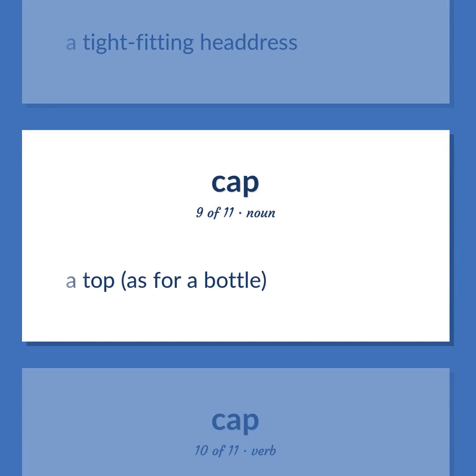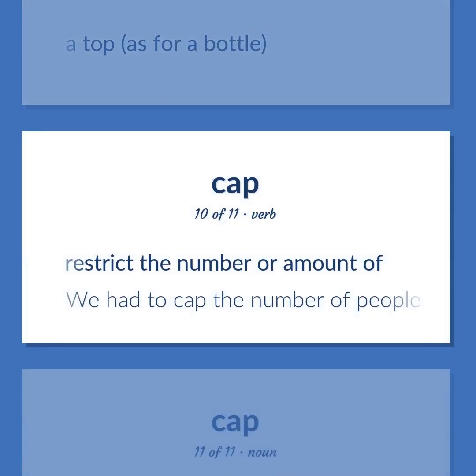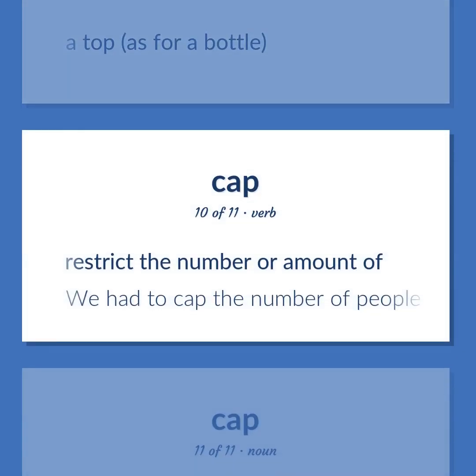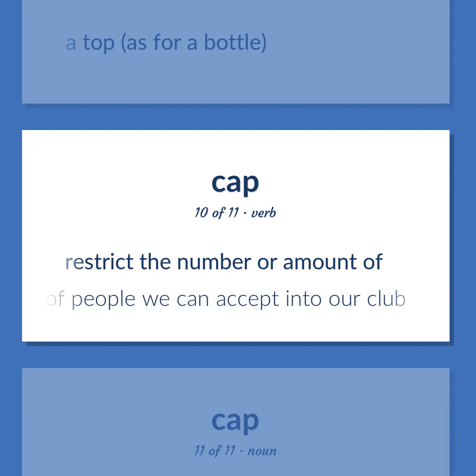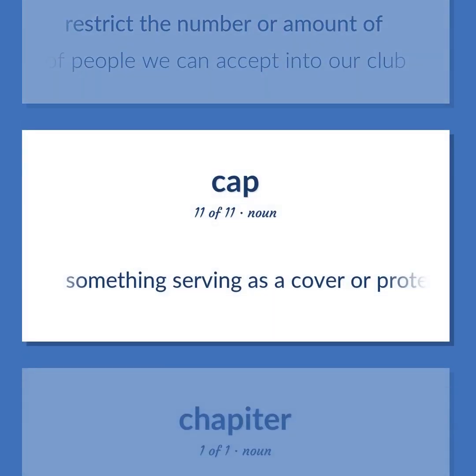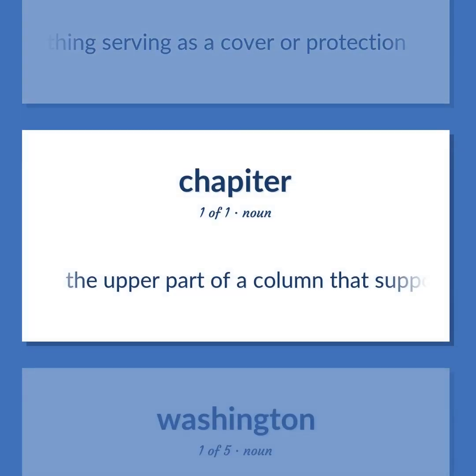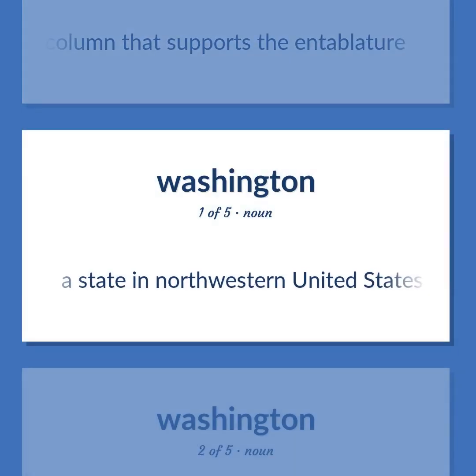A top, as for a bottle. Restrict the number or amount of. We had to cap the number of people we can accept into our club. Something serving as a cover or protection. The upper part of a column that supports the entablature. A state in northwestern United States on the Pacific.